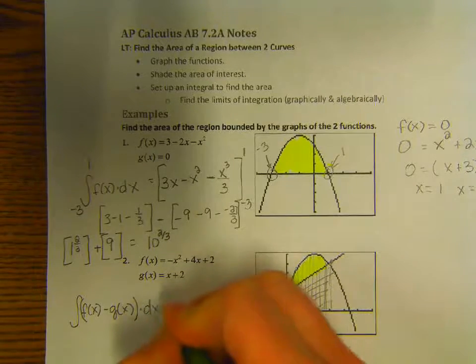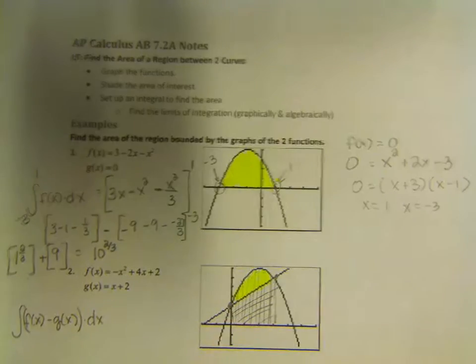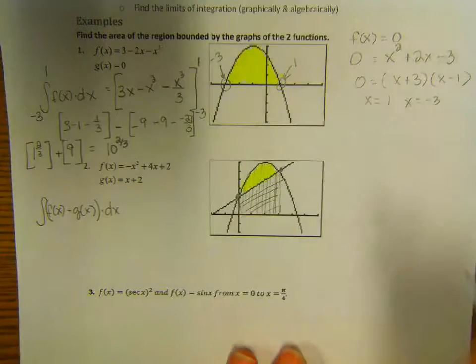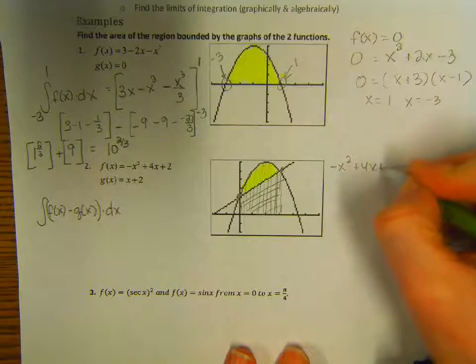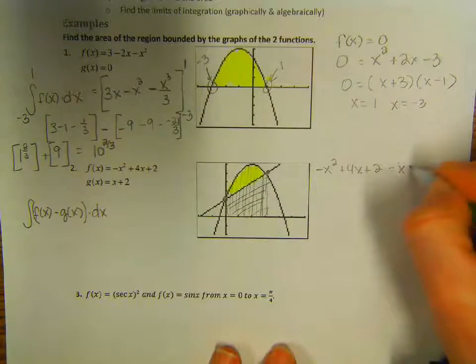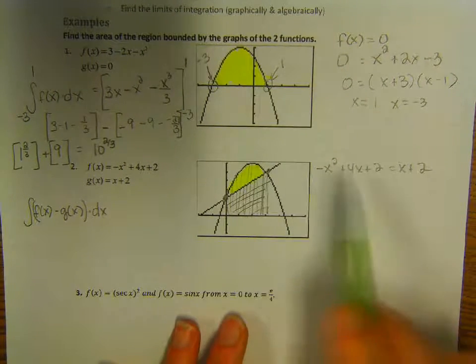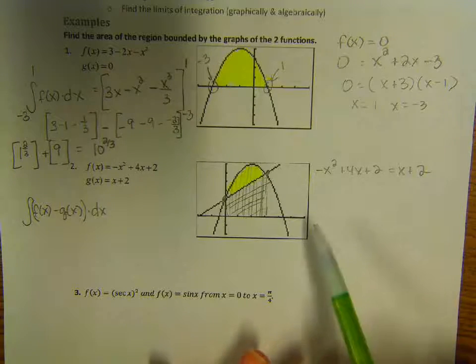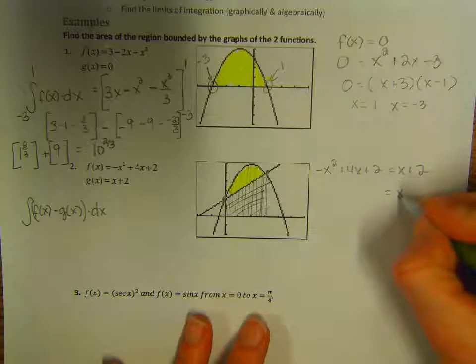And then just to make sure I have the right spots, I'm going to find where these curves meet. That would be where they're equal. If I move the left side over to the right, I don't like negative coefficients, so I would have x squared.